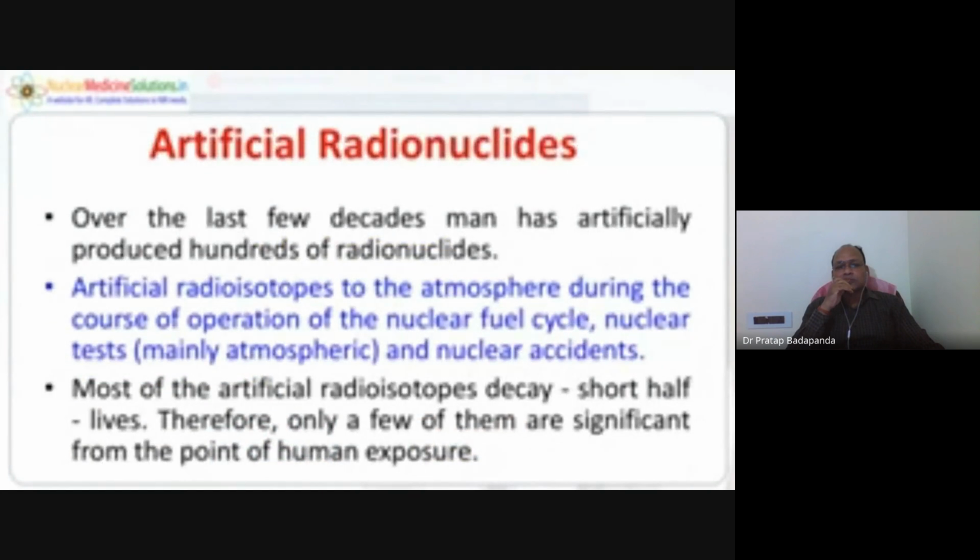Now, artificial radionuclides. We have read in the literature, in our books, there are two different kinds of radionuclides. One is natural, one is artificial, man-made.